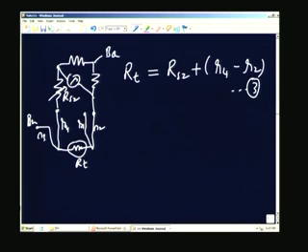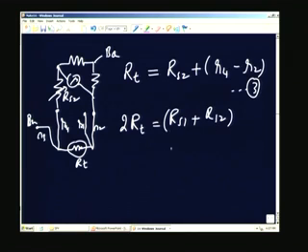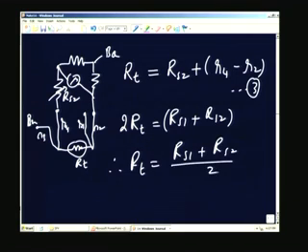The second case is equation 3. So, if I take the sum of these two, 2Rt equal to Rs1 plus Rs2, these two, R4 minus R2 here and R2 minus R4, are going to cancel, and therefore, Rt equal to Rs1 plus Rs2 divided by 2.